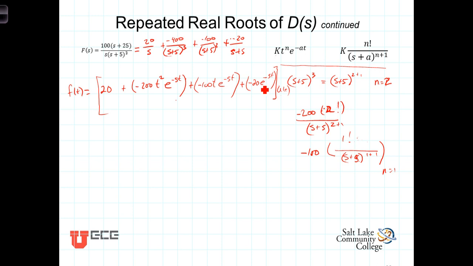In this case, the single root is s equals 5, but it shows up with a multiplicity of 3. That multiplicity of 3 then, just to close it and finish it up, resulted in these multipliers of t squared and t to the first power.